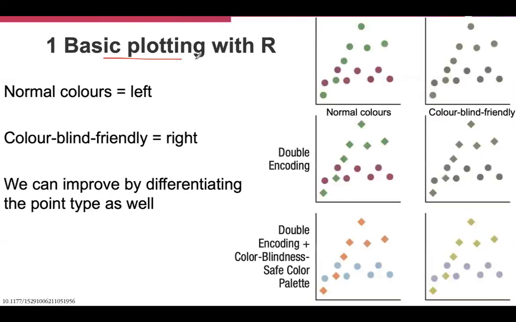Another aspect of plotting is that if we use the normal color palette with red and green, like dark red and dark green, like here, that may not work for colorblind viewers, and we might have to use other colors. That may not work effectively if we're using something close to green and purple. So what we might do instead, the first option, is to change the point type.